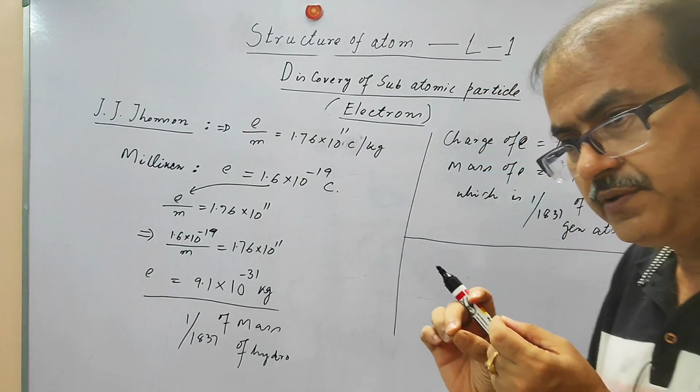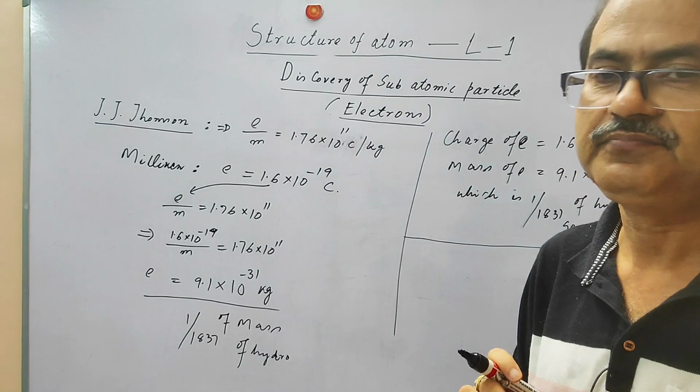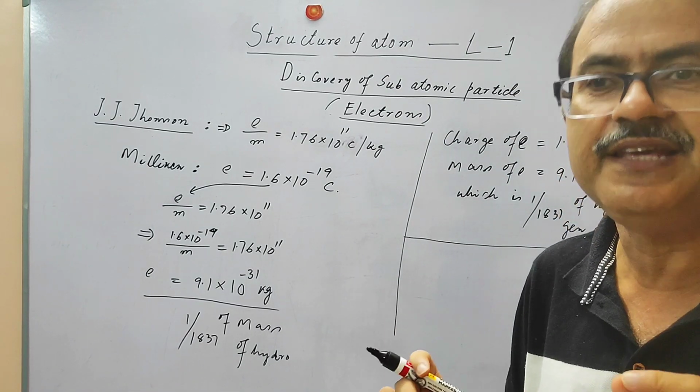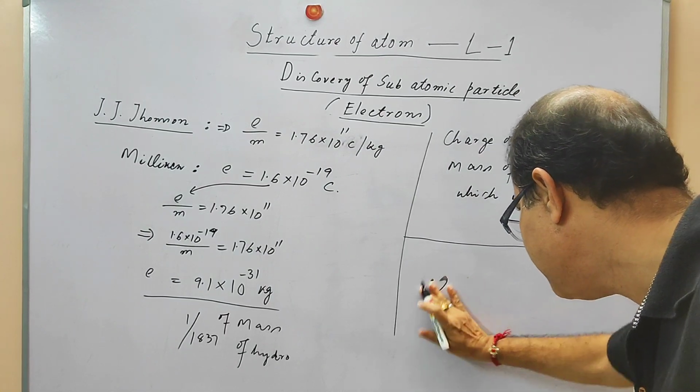When the electron is moving, its mass differs from when the electron is stationary. You can calculate it from this formula.